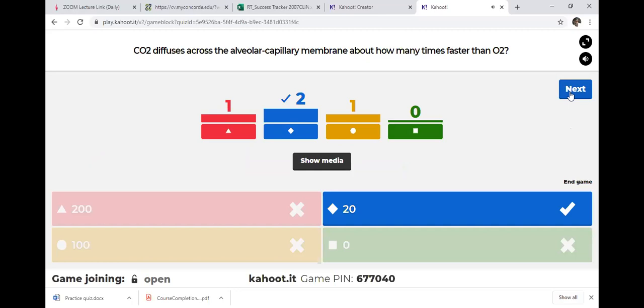Good. 20 times faster. Carbon dioxide diffuses across the alveolar membrane 20 times faster than oxygen. Carbon monoxide diffuses across 200 times faster. That was for carbon monoxide, but carbon dioxide is only 20 times.